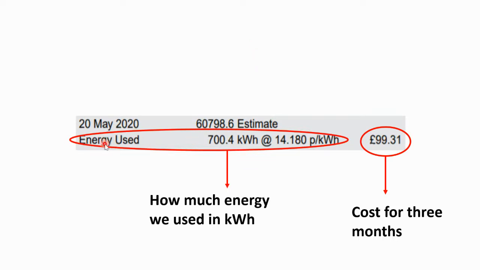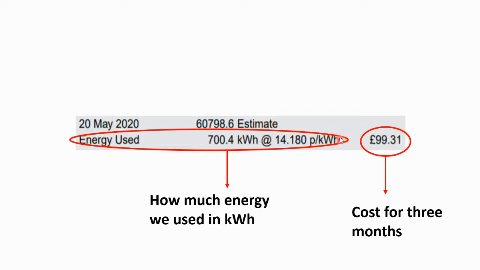So we obviously pay for energy. So the company is measuring the amount of energy I use, and then it charges me based on that. So here it tells me that I pay 14.180 pence, this P stands for pence or pennies, per kWh. What does kWh mean?